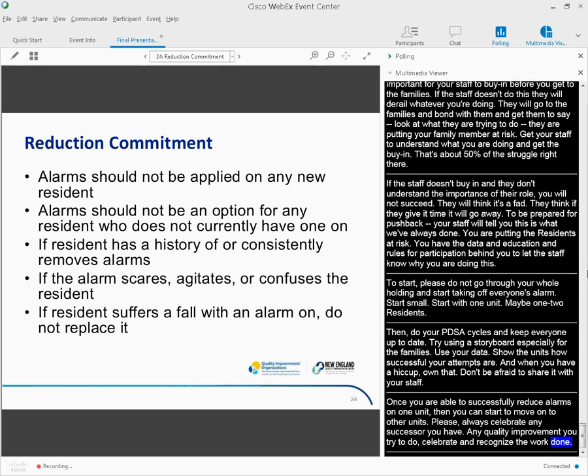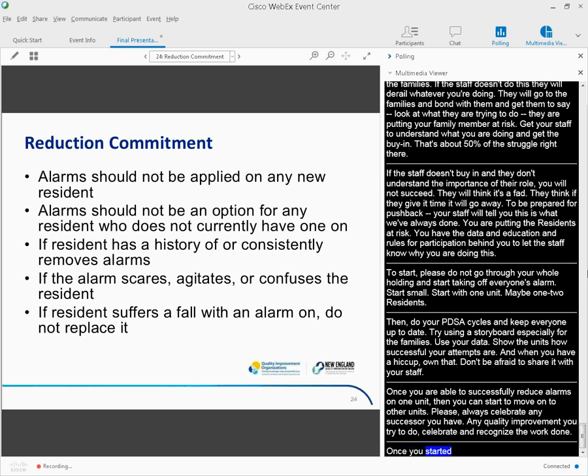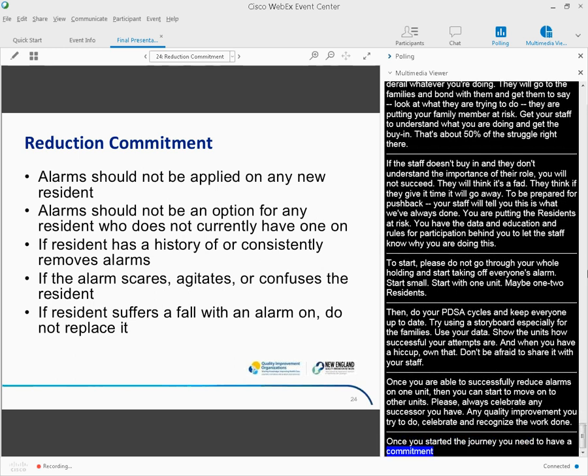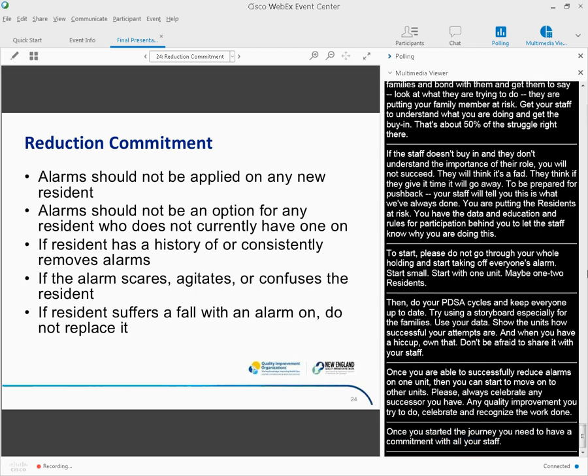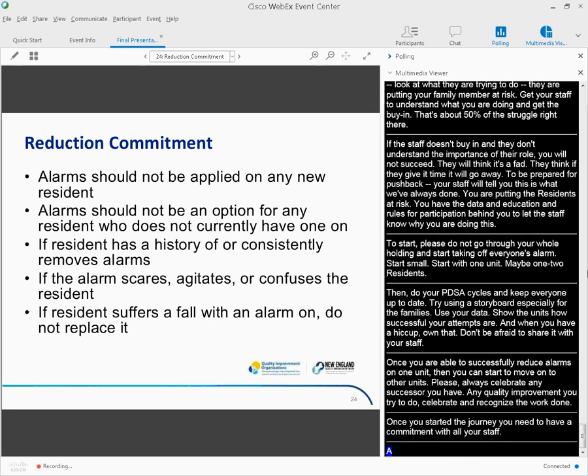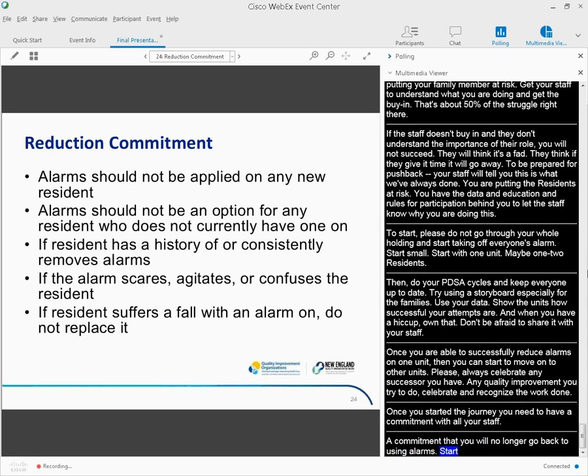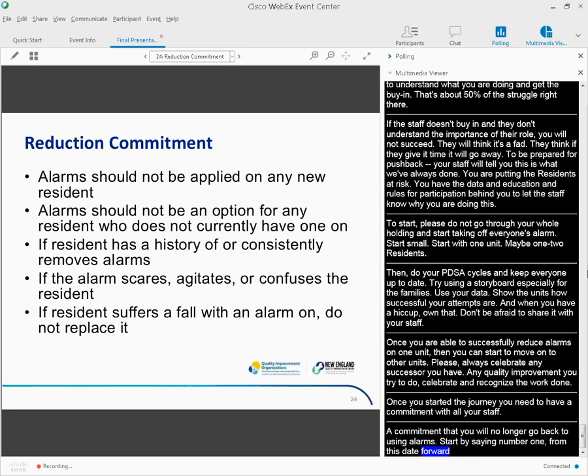So once you've started the journey, you need to have a commitment with all your staff in the building. A commitment that you will no longer go back to using alarms. So you start by saying, okay, from this day forward, August 10th, 2017, we will not apply alarms on any new residents.